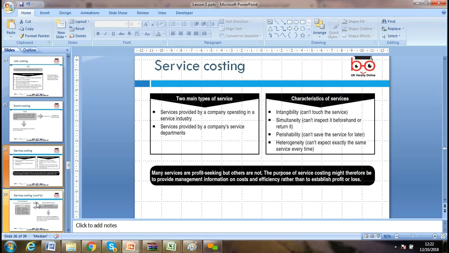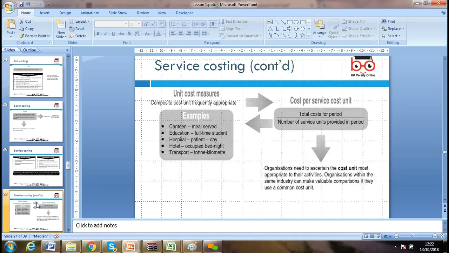To calculate the service cost, we can use this method, and that's the service costing technique. We look at how many people you serve: the total cost for the period divided by the number of service units provided, like the total cost of the NHS and how many patients you have served. That's called the service cost. Service costing is quite crucial, and it will help to calculate the proper cost.